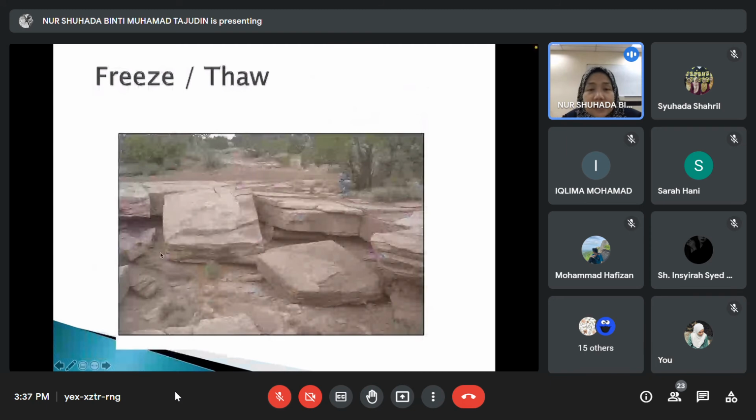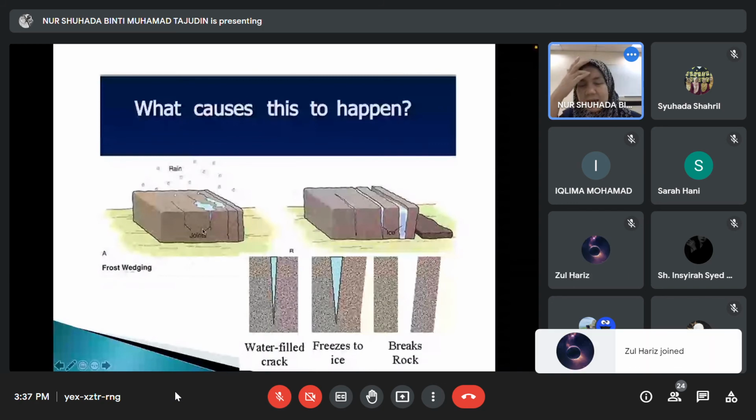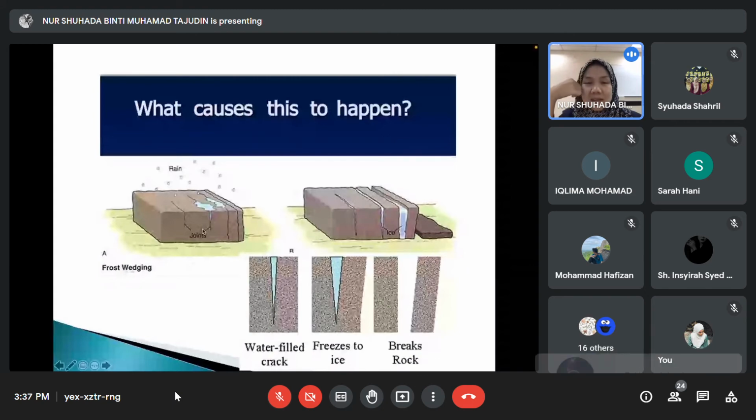Then you have these examples of physical weathering, disintegration of the rock from a big one to a smaller one. What caused this to happen is, like I said, like teeth that cannot take cold and hot, the rock will break itself. Because of the contractions and, what is the word?